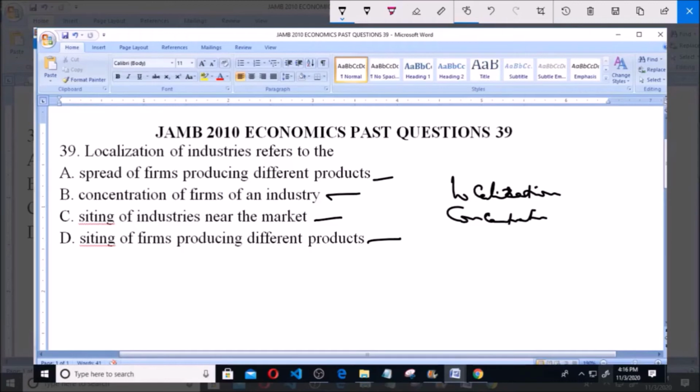So from our option, localization of industries refers to concentration of firms of an industry producing different. So option D is the correct answer.